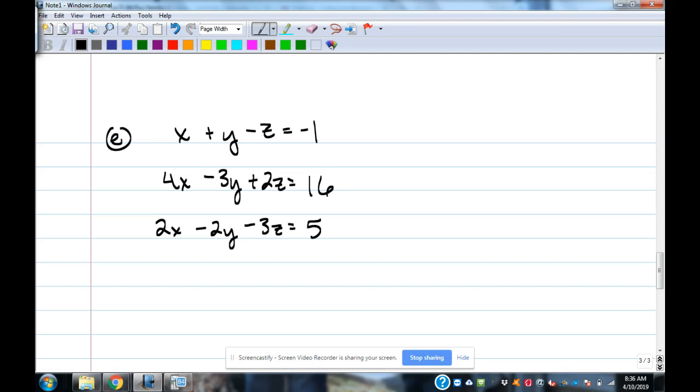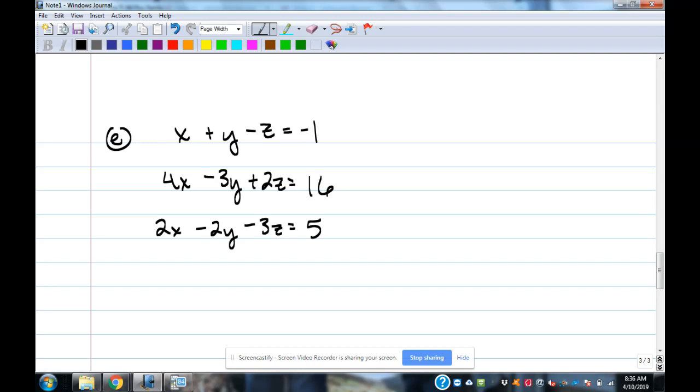So a 3 variable system with 3 equations. And again, the same rules apply. There can be one solution, no solutions, or infinitely many solutions. So all those things can still happen here.